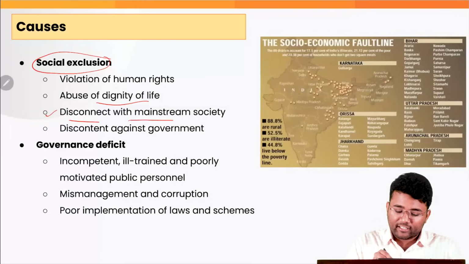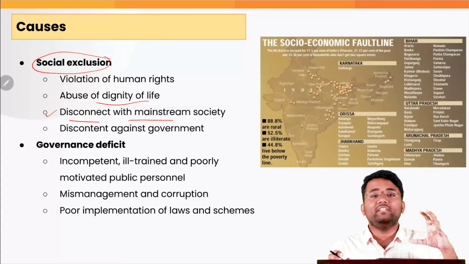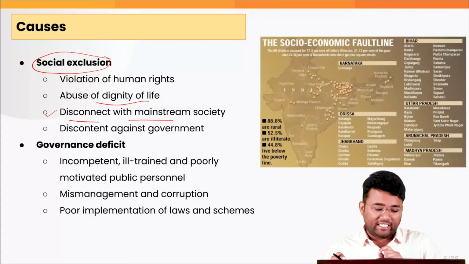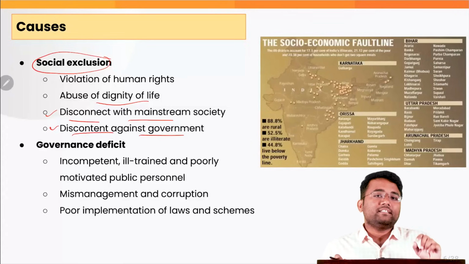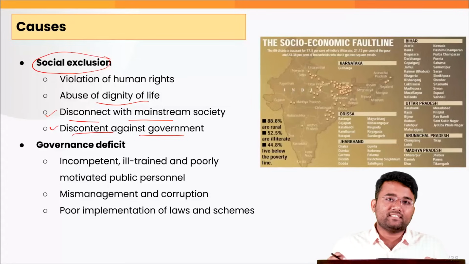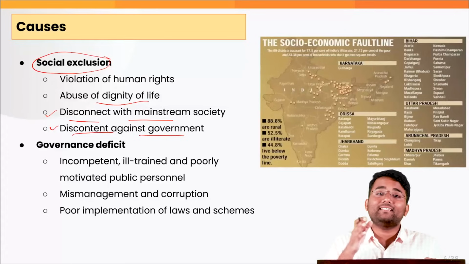Then the disconnect with mainstream society. They did not know what India is actually all about, because of the lack of resources and connectivity. Then discontent against the government. The leaders of left-wing extremism were always motivating these people against the current government.